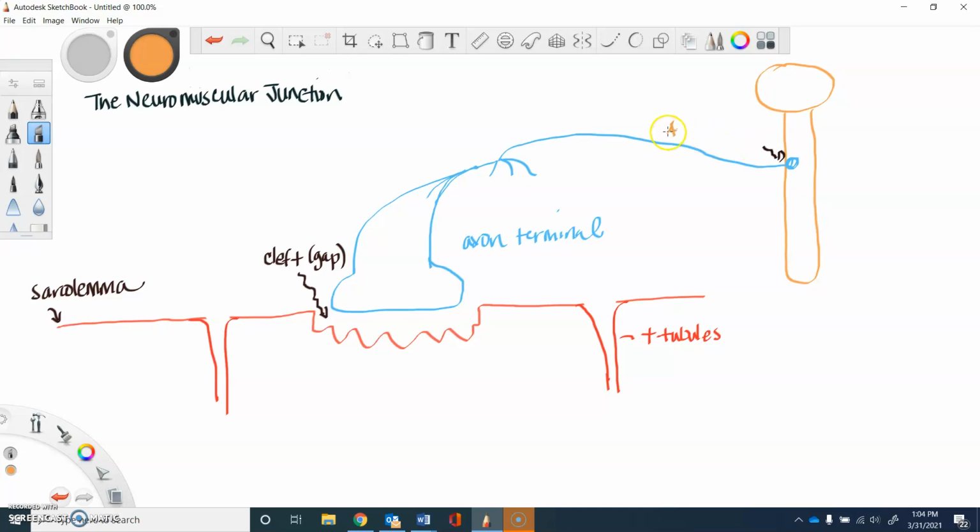So it is going to follow all the way down to the end of the axon. And of course, it's going to go through to all of its terminals. So it's going to go to this one.